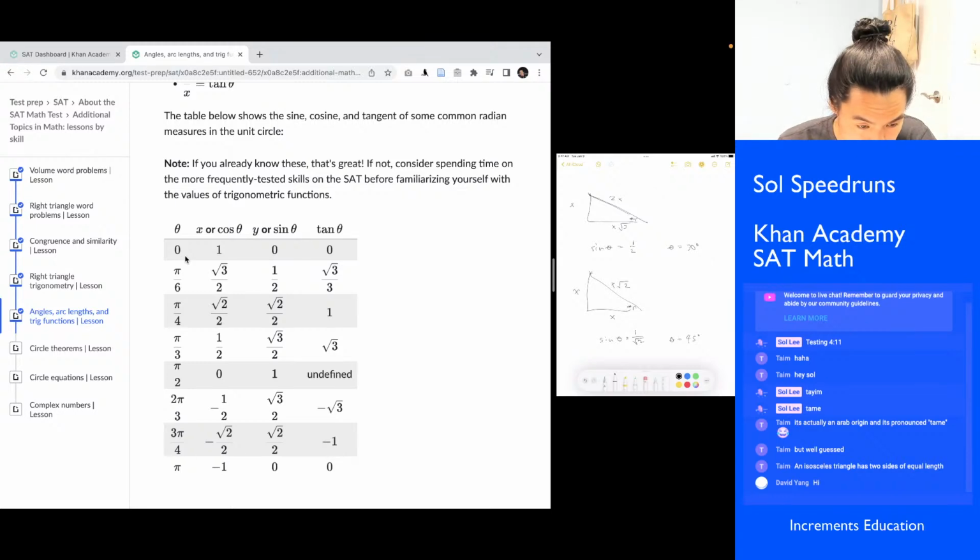Wait, did I do this wrong then? Hang on, let me just plug in a number. So 1 squared plus 1 squared is equal to x squared.